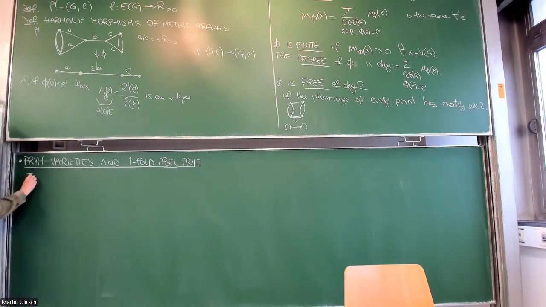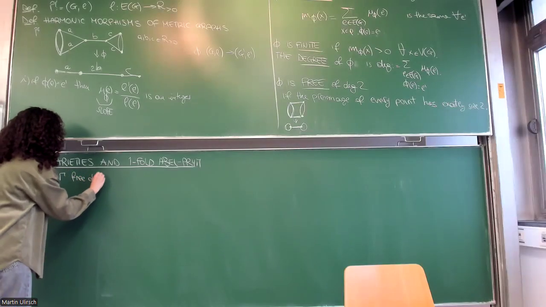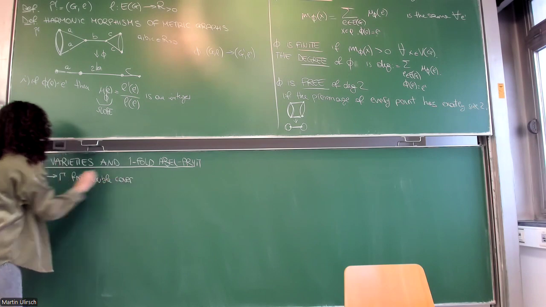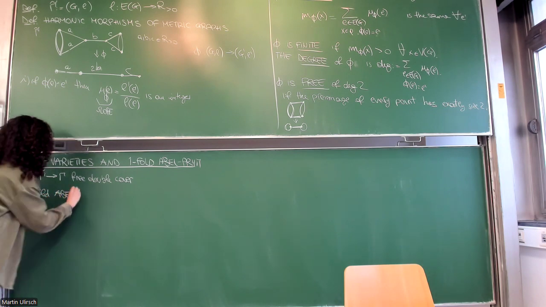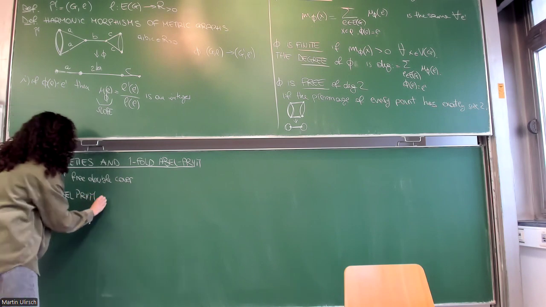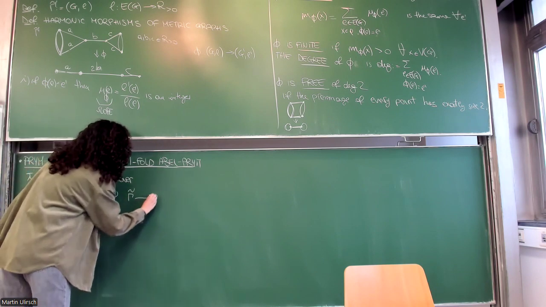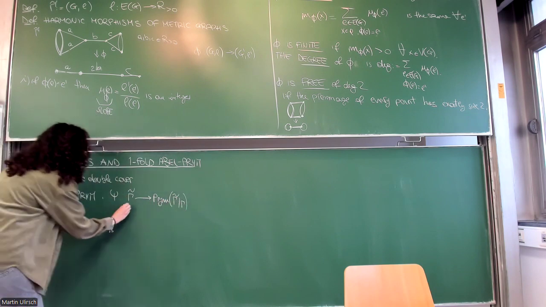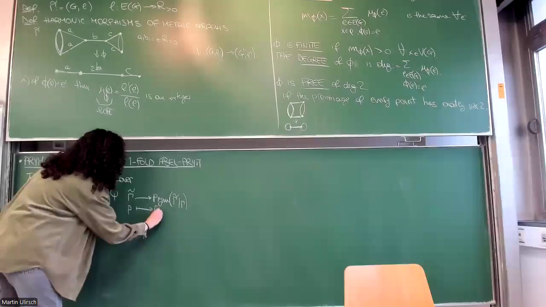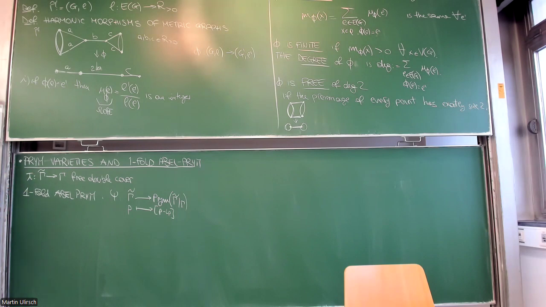So we have a free double cover, and the one-fold Abel-Prym map will be from the graph gamma to the Prym, sending a point P to the class of P minus iota P, where iota is the involution associated to the cover.